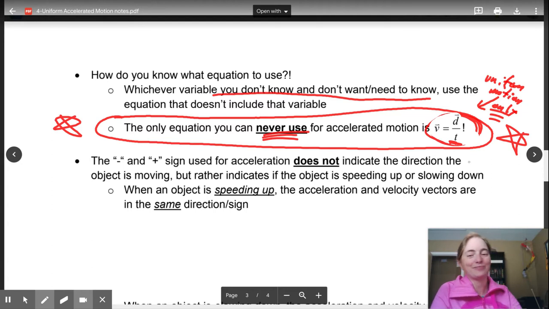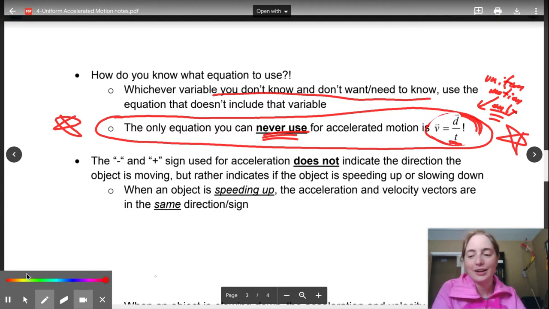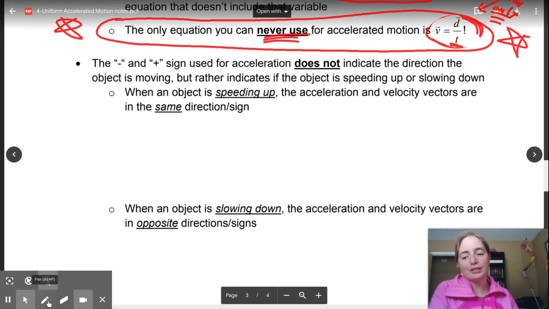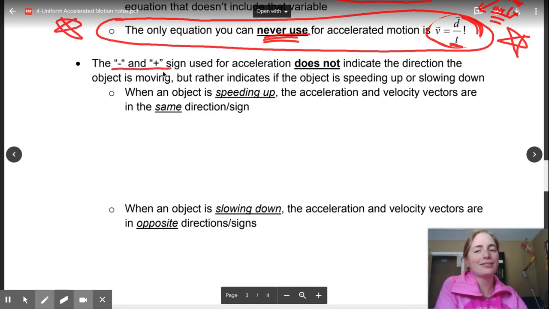Cool. All right. So, a couple other pieces of things that you need to use. Now, ladies and gentlemen, the plus and the negative sign does not necessarily indicate the direction the object is moving. It tells us whether the object is speeding up or slowing down.